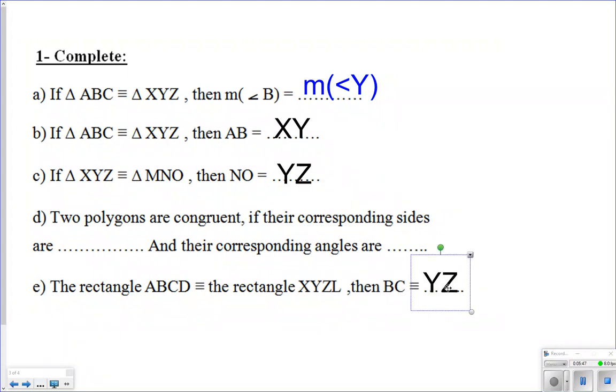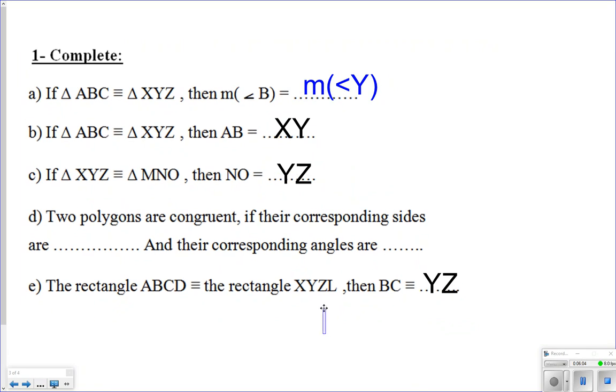Look with me, B and C, second and third, will be congruent to the second and third from here, which are Y and Z.